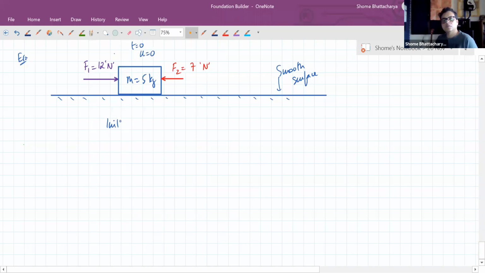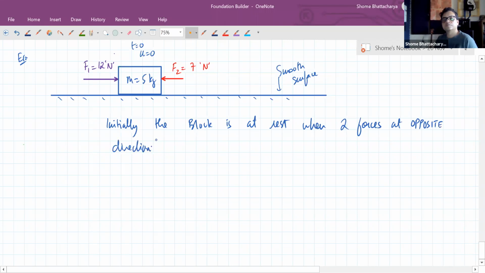Initially the block is at rest when two forces in opposite directions start acting on it from t equal to 0 onwards.